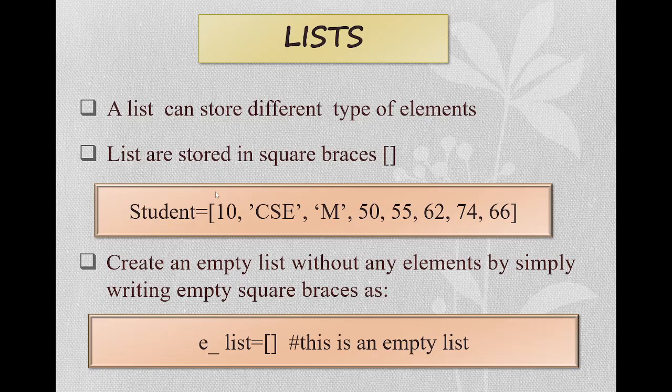Now I will show an example. student equal to [10, 'CSE', 'M']. Here 10 is an integer value, CSE is a string value, and it can have some integer values. You can also create an empty list without any elements, using square brackets. A list is a mutable one.